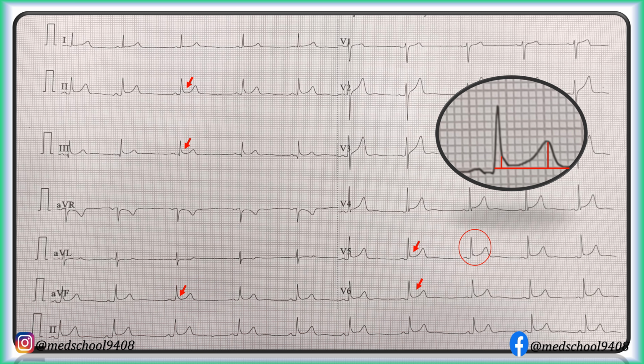So ST-T ratio is more than 0.25. T waves are upright, there are no reciprocal changes, there is good R-wave progression. So except for ST-T ratio, all features point toward benign early repolarization. But still, this patient should be evaluated further if clinical features are classical of MI.